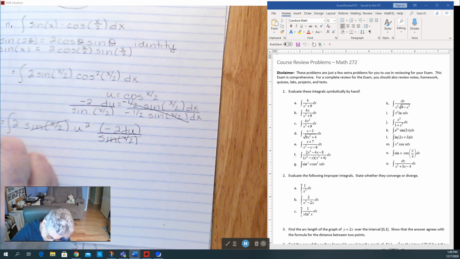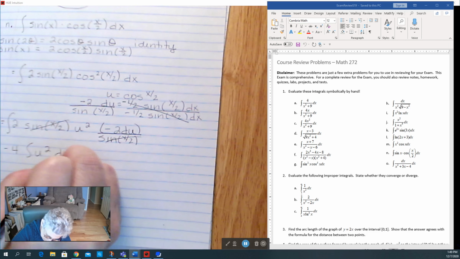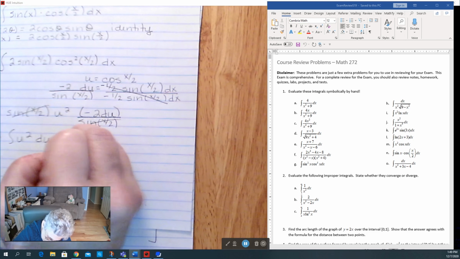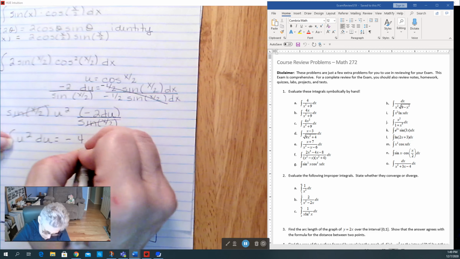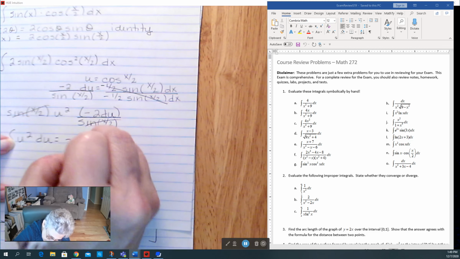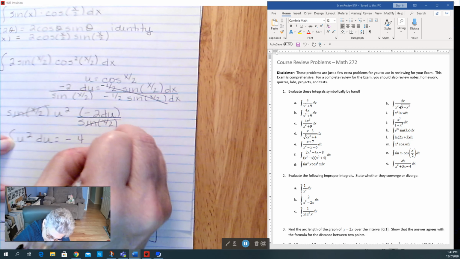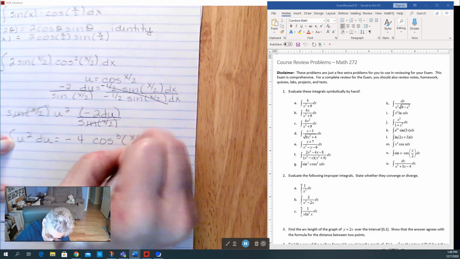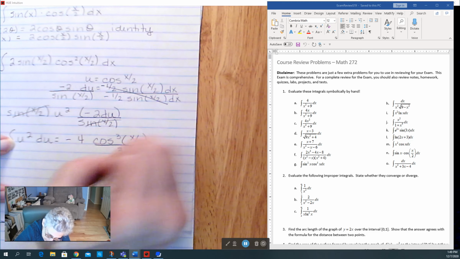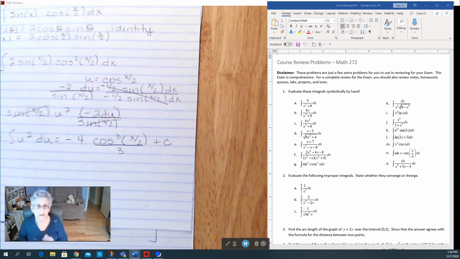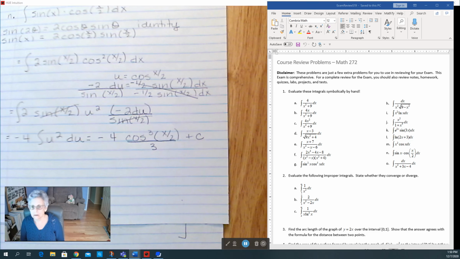Cancel. So negative 4 times, add 1 to the exponent, divide by the new exponent, and don't forget to add c. I brought u back at the same time.